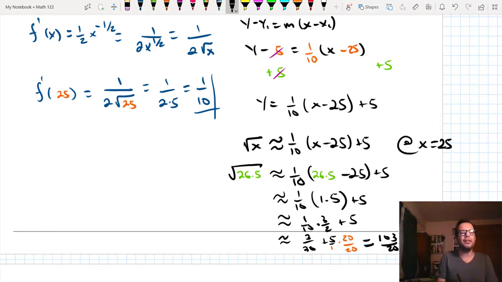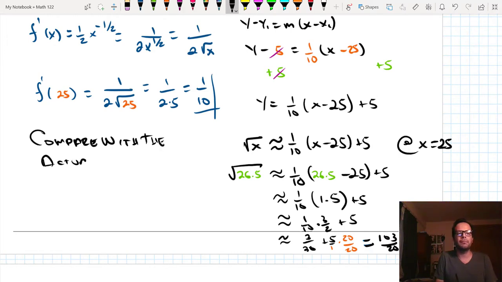Now let's compare with the actual value, so the square root of 26.5.